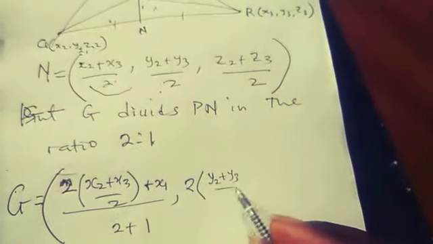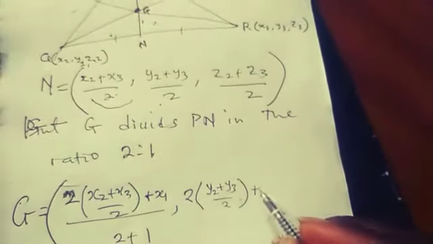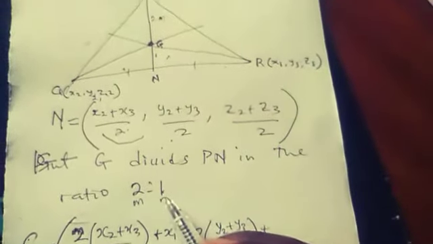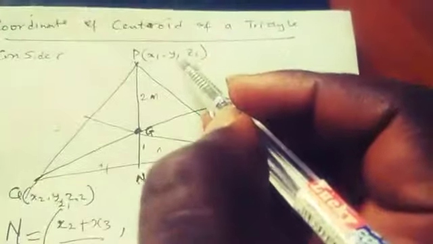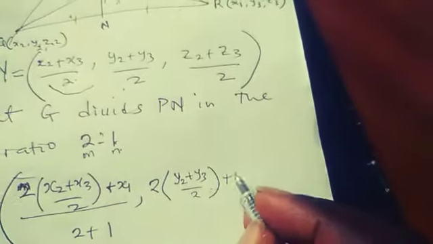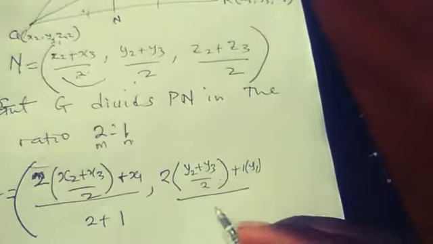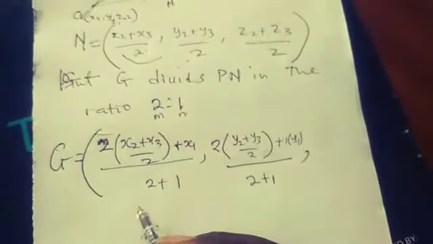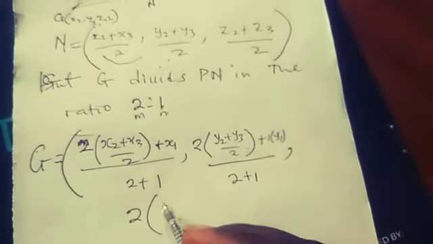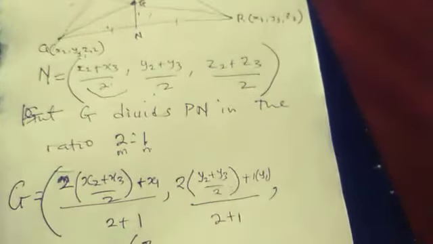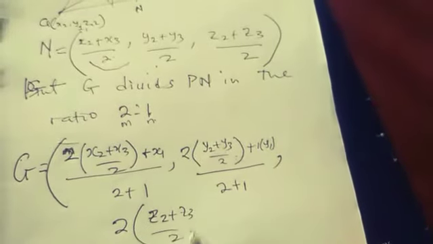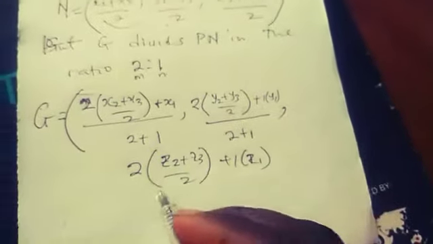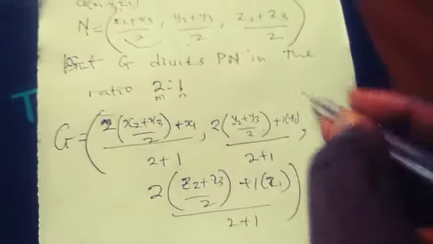That is y2 plus y3 over 2 times m, plus n y1. Our n is 1. This is our m, this is our n. Our y1 is still y1. That is 1 times y1 divided by m plus n, 2 plus 1. Let me put the third one here because of space. The same thing is applicable to the z part. That is z2 plus z3 over 2 times 2, plus 1 times z1, over 2 plus 1.